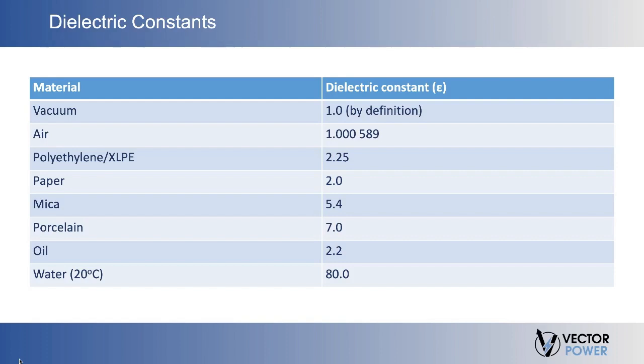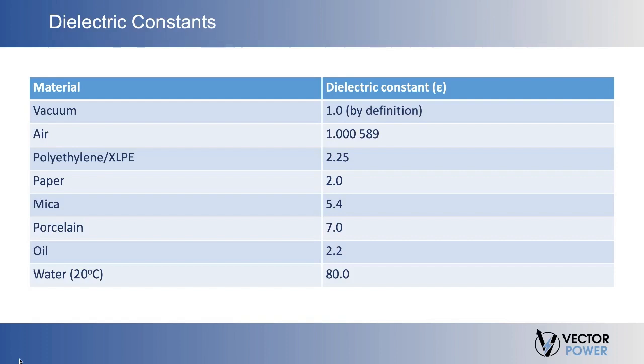Now, different materials will have different dielectric constants. We can kind of think of this as the basic ingredients in a recipe. So, for instance, vacuum, as we mentioned before, is kind of our reference. It has a dielectric constant of 1 by definition. Air, very close to vacuum, 1.000589 would be the dielectric constant. For all practicality, also dielectric constant of 1.